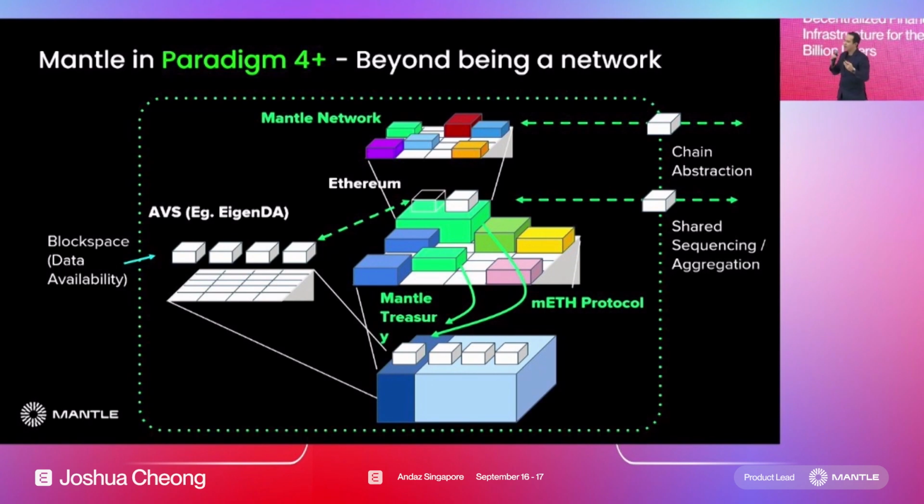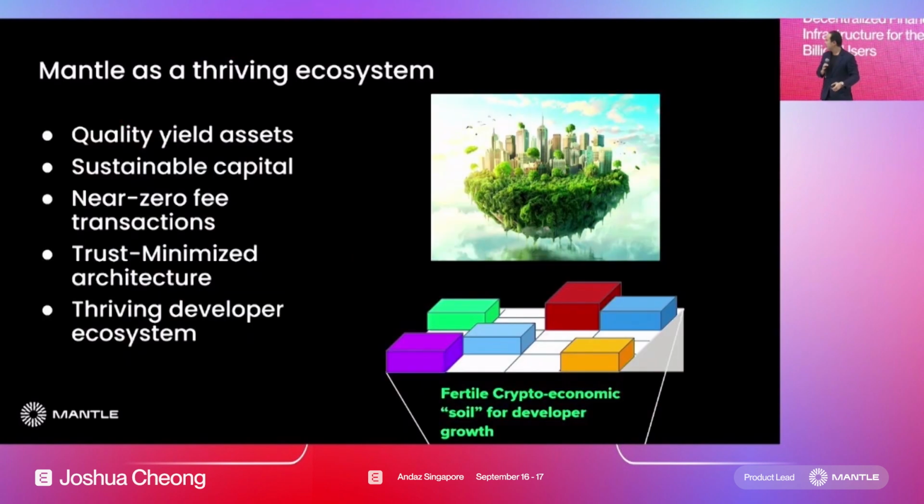And on top of that, of course, there are active ways to continue these innovations, not just for Mantle, but to enable these assets and their growth through shared sequencing and chain abstraction. So what does this really mean when you put this all together in this circular diagram and economy?